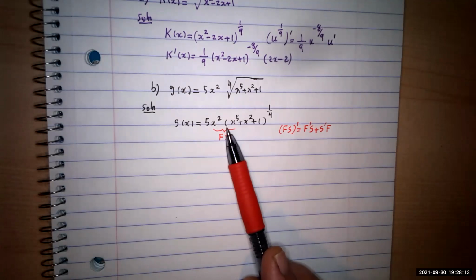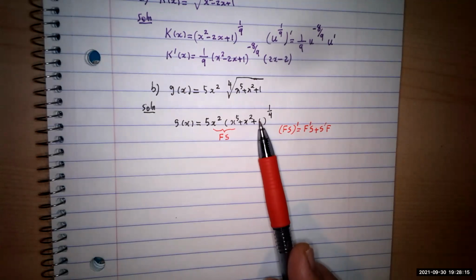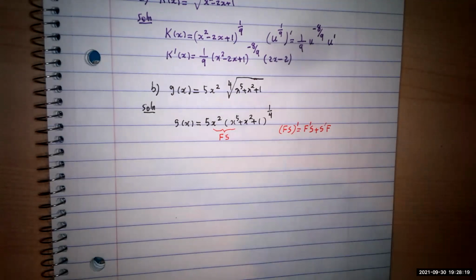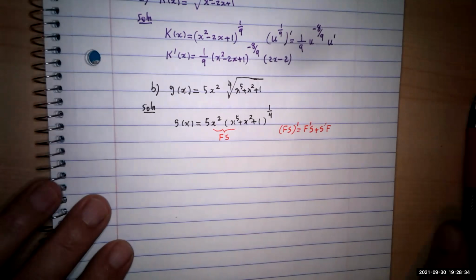The second one is something like U to a quarter. So for the second part, you have to use the chain rule type. Okay, so that's a model format of this problem. One of the functions is an ordinary function that you can differentiate right away, but the other function is going to be a U function, if you like. Okay, so we apply the product rule first.